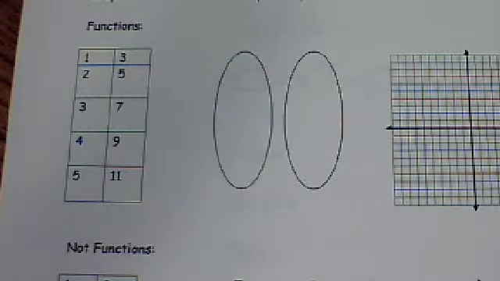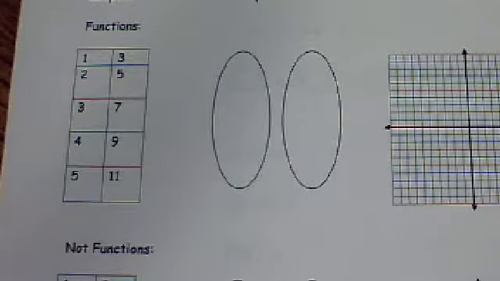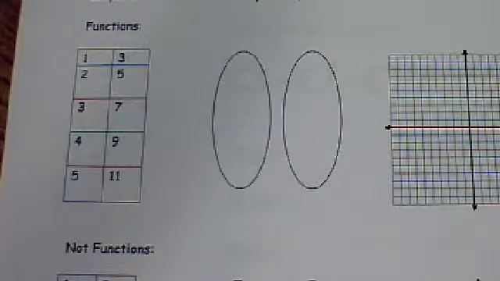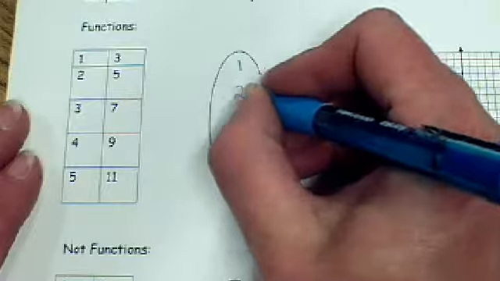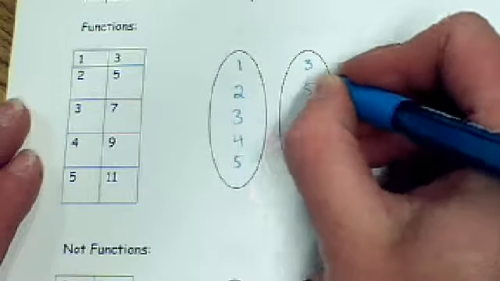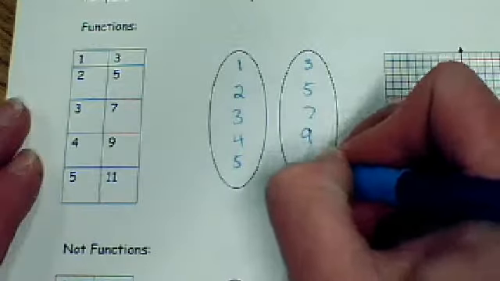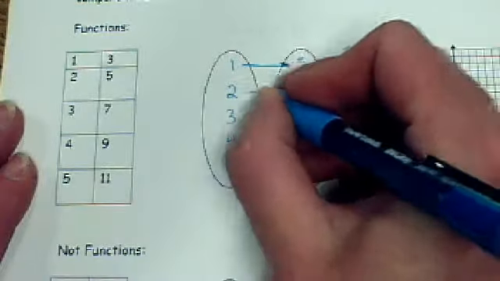Now, being a function means that the first component is matched up with exactly one of the second component. So 1 to 3. Sometimes it's easier to see it in the mapping, that each one of these can only go to one on that side.